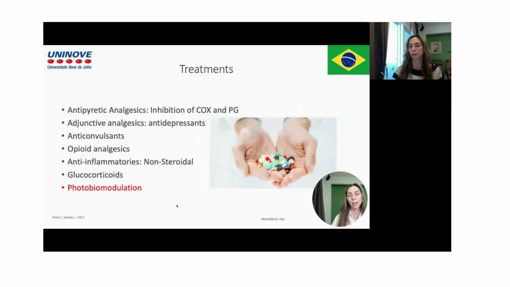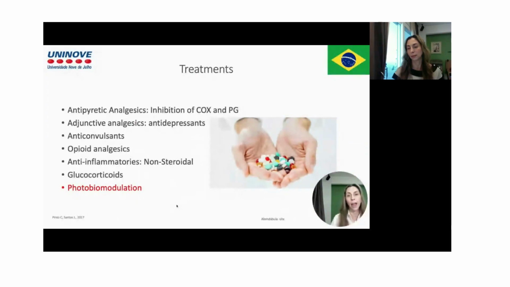Most of the treatments are pharmacological: antipyretics, analgesics for inhibition of COX and prostaglandins, adjunct analgesics, antidepressants, anticonvulsants, opioids, non-steroidal anti-inflammatories, glucocorticoids. But the big question is, rheumatoid arthritis is a chronic disease, so the chance of you experiencing adverse effects is high. You may end up having a problem of dependence or tolerance and have to increase the dose.